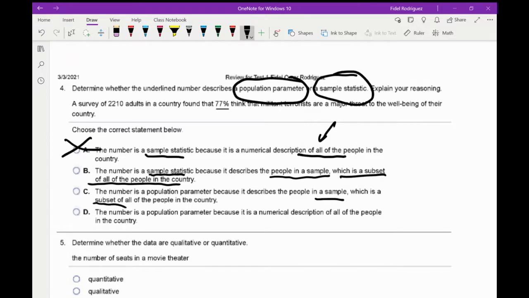No, population is not a sample. Population is for everybody, right? So I know it can't be this one, so no C. And then it says the number is a population parameter because it's a numerical description of all the people in the country, okay? All right, so now I'm going to come back and look at my problem, right?